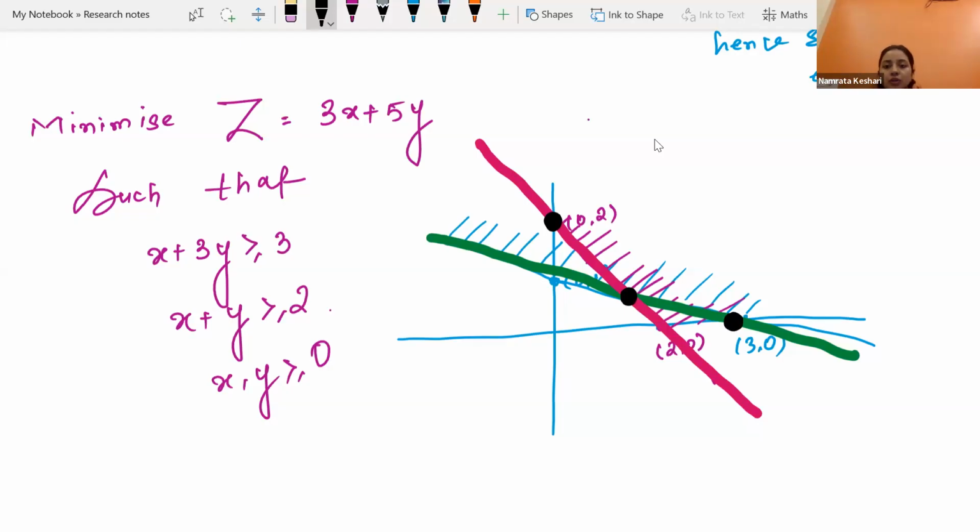Okay, now we'll be checking. Please find our objective function z at the corner points.